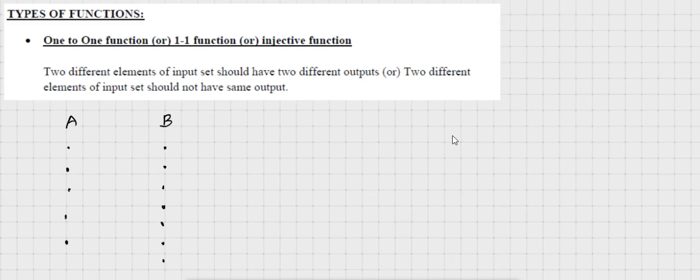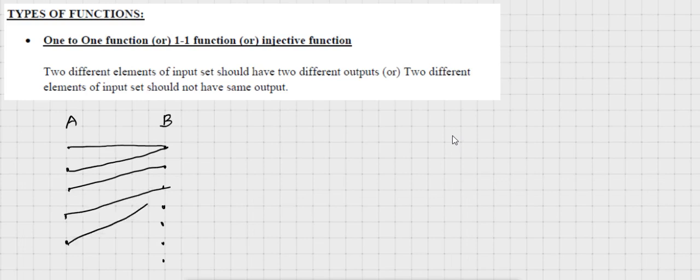One element should have only one output, that is called a function. That's not a problem. This is a function, right? This is a function, but this is not a one-to-one function.